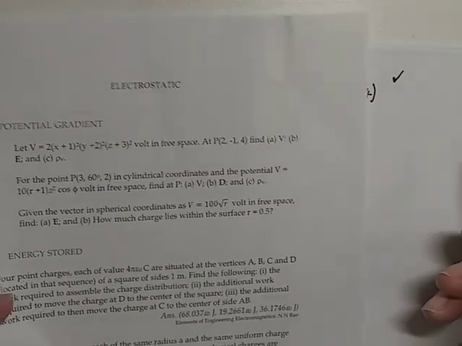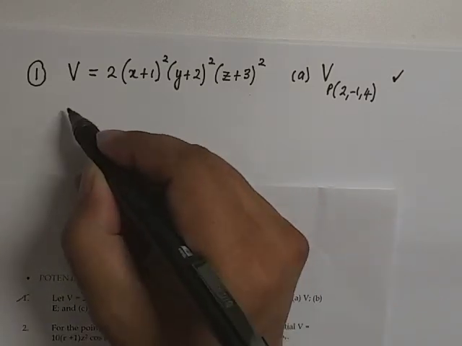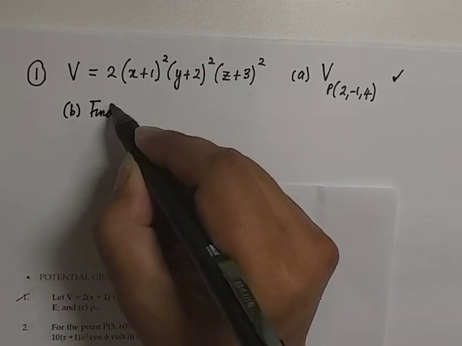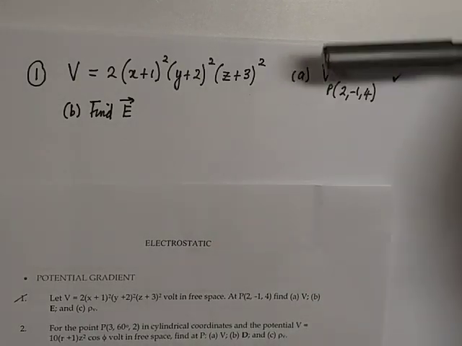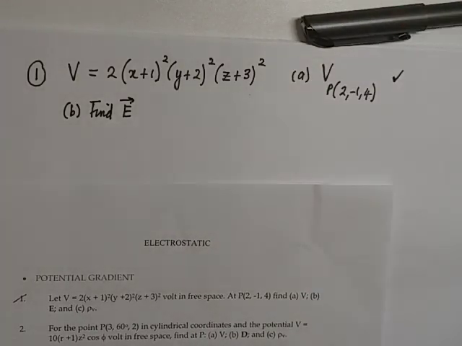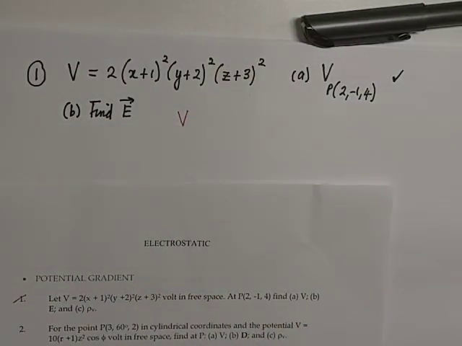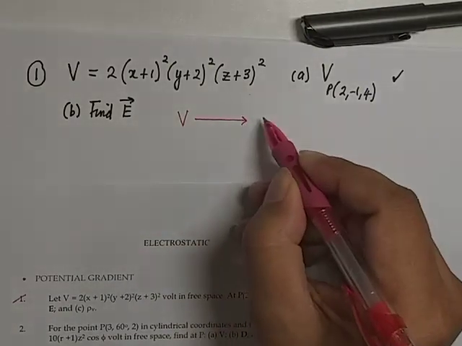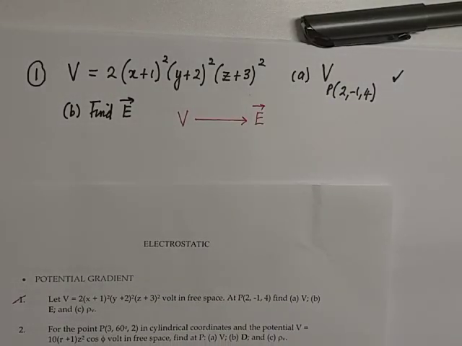Okay, so let's continue. We're going to go for part B now: find E. Okay, now a bit tricky. So what's important now? What information do we actually have? We know V, which is given by the question, and what we want to find now is E. So what should be the logical step based on our previous discussion?